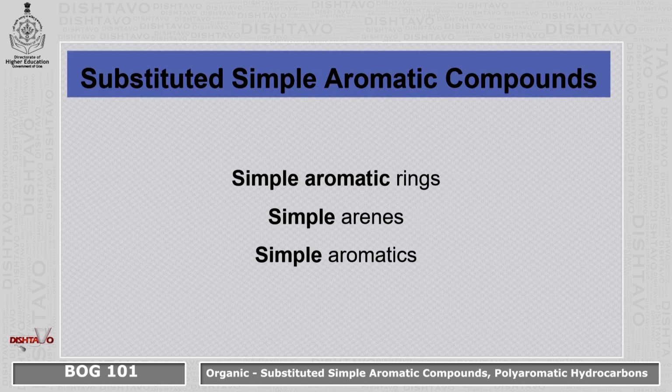Explain the characteristics, sources, and effects of polyaromatic hydrocarbons on the environment. Now, aromatic compounds are simple aromatic rings, simple arenes, simple aromatics. They are known by various names. And once they undergo a substitution reaction, they form substituted simple aromatic compounds.